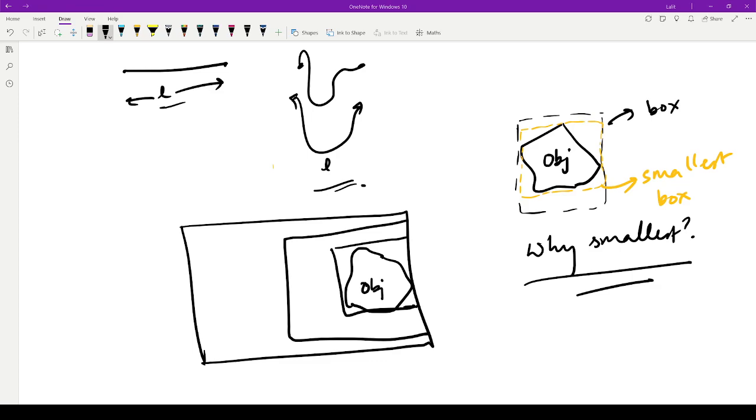Okay, and then there were a few other concepts that were discussed, the shape number and Fourier shape number. We'll go with the shape number. What is shape number? Anyone?